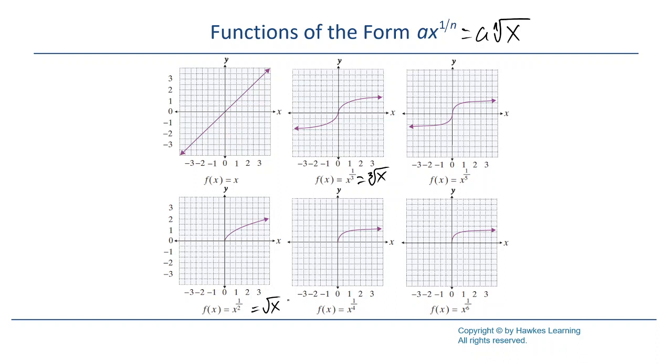But with these, notice your square root of x, this would be the 4th root of x, this is the 5th root of x, and the 6th root of x. Notice if it's odd, then your domain is negative infinity to infinity, and your range is also negative infinity to infinity.